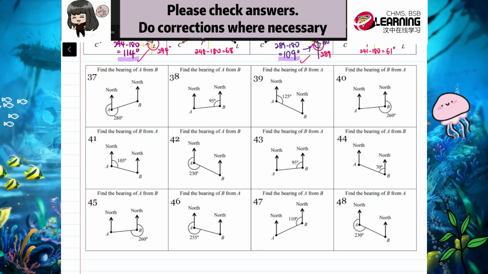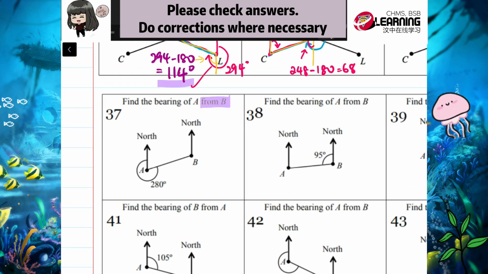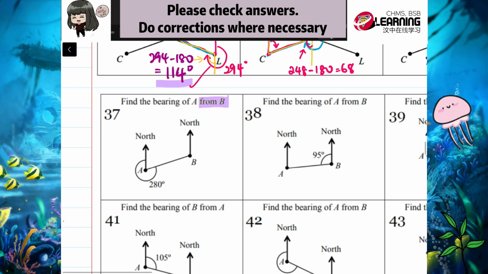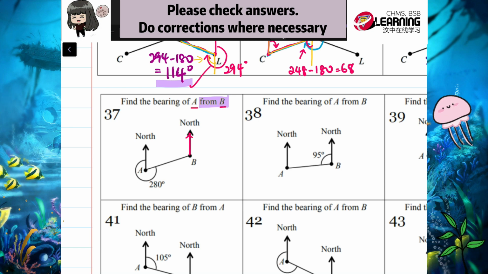Remember, you must always look at the word from, okay? This question 37 here, it's from B. So from B, you must look at B and form a north, and then look at what line you need to form, A to B. So connecting line is here, AB. So this is the bearing that you're gonna find.